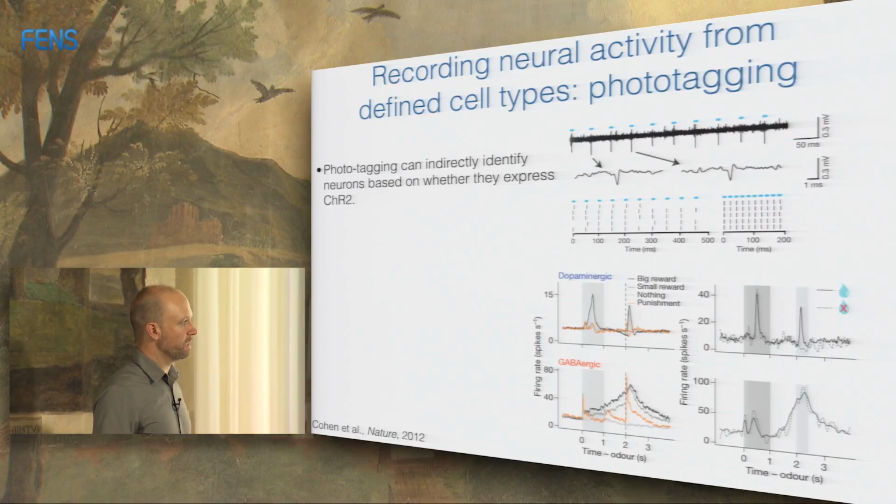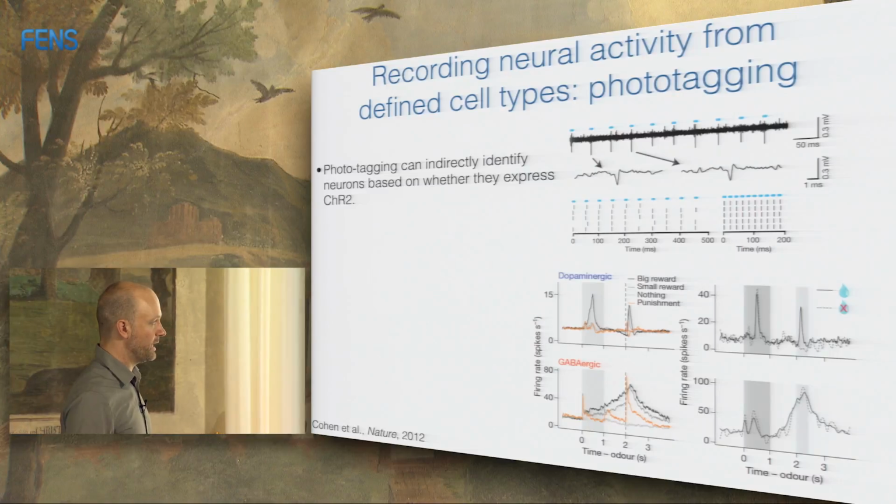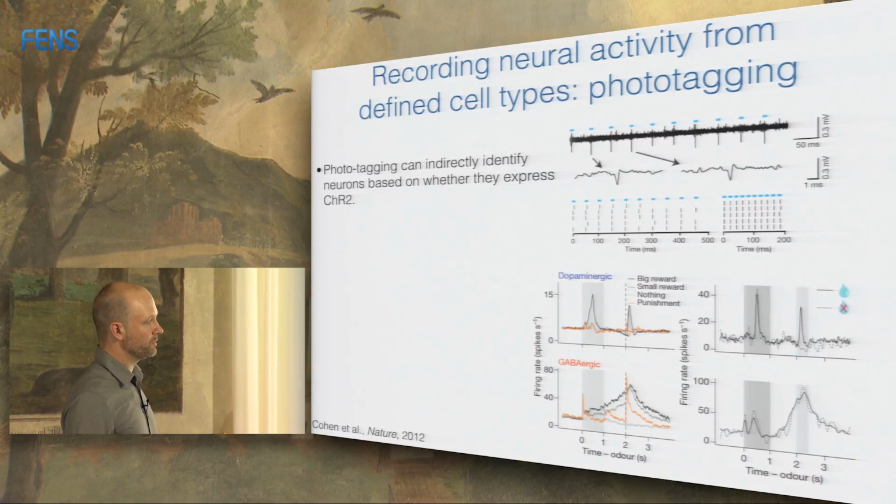Using this and comparing the firing patterns between dopamine cells and GABAergic cells in the VTA, they were able to show that dopamine neurons show a very distinct pattern of activity to cues that predict rewards as well as to rewards themselves, very similar to what's been described in primates and other work, where these were really just identified as putative dopamine neurons.